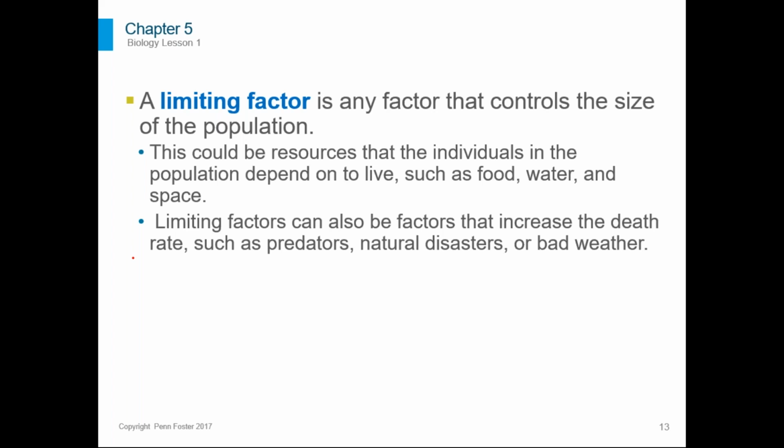So there's only so much of that to go around, so it's going to limit how many of them can be living in that area. And then limiting factors can also be factors that increase the death rate, things like predators and natural disasters or bad weather, that are going to limit how big the population can get or cut the population down.